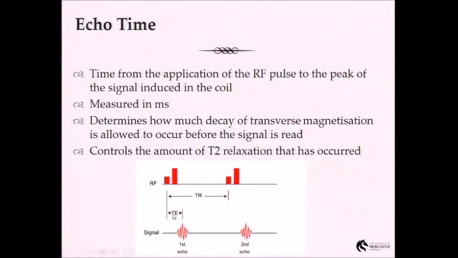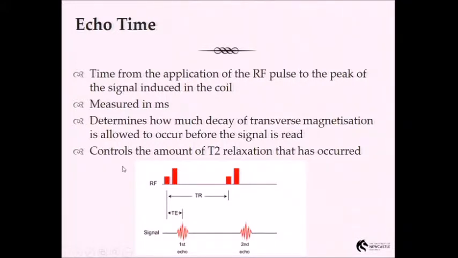And TE is the time between the application of that pulse and the collection of the echo, whereas TR is much longer, and it's the time between the repetition of the two 90-degree pulses. Again, it's measured in milliseconds. So for T1, depending on what sort of structure you're looking at, it may be as short as 15 milliseconds, whereas for T2 it tends to be around 120, 130 milliseconds if we're doing brain imaging.